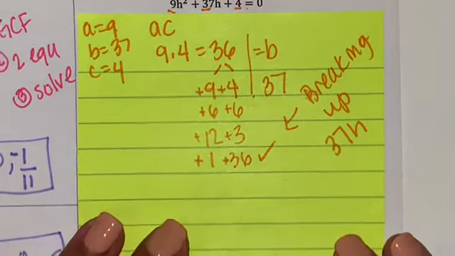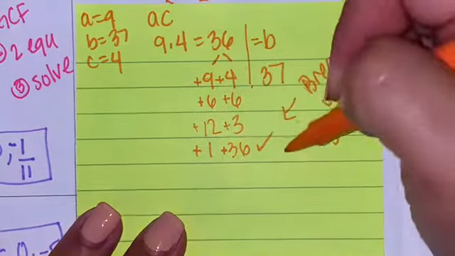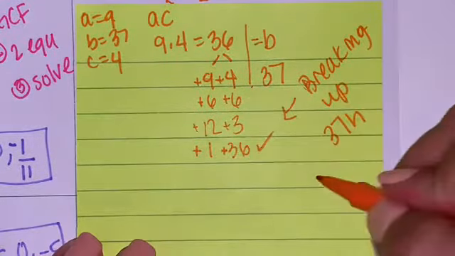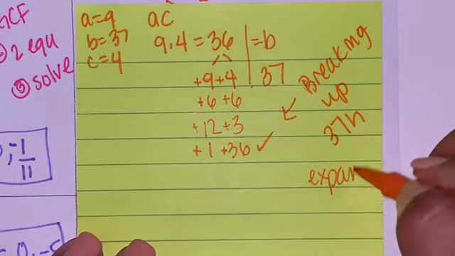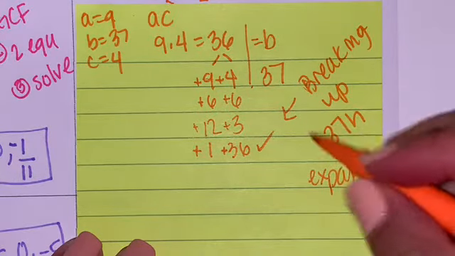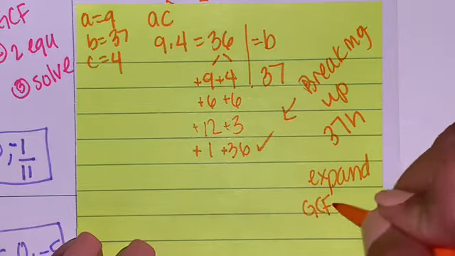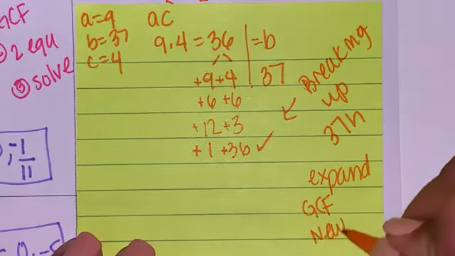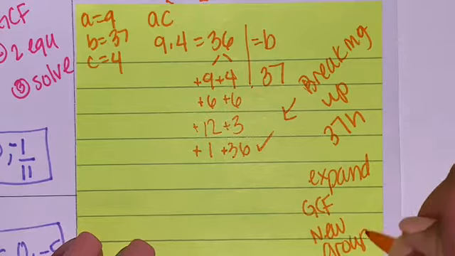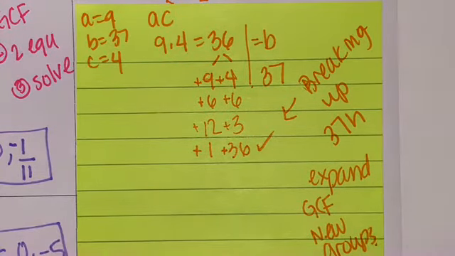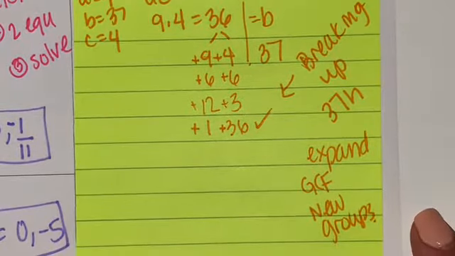Okay, so now that we have our factors, we're going to expand. So you're going to expand, and then you're going to have GCF as a step, and then you're going to have new groups. And then you're going to solve for x. So this is going to take a second.